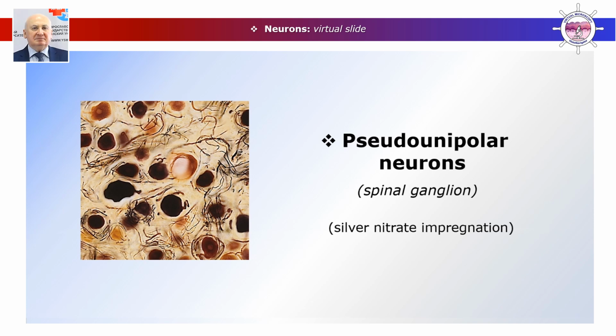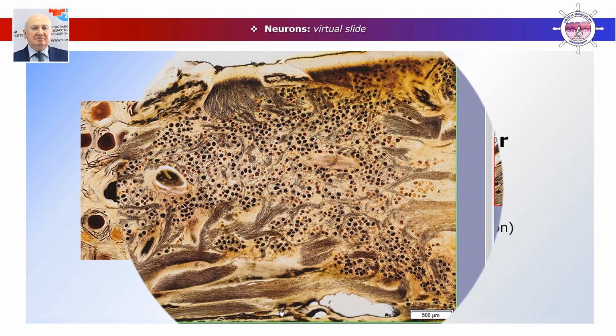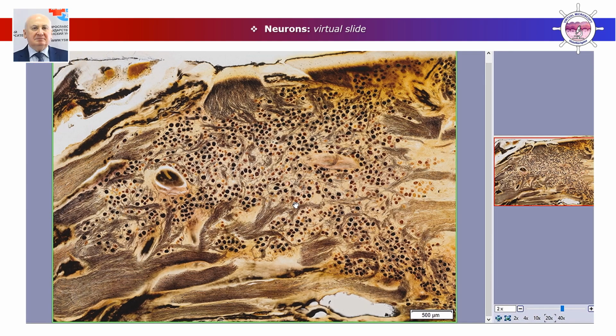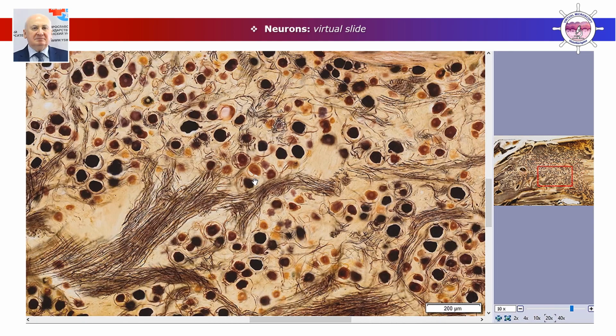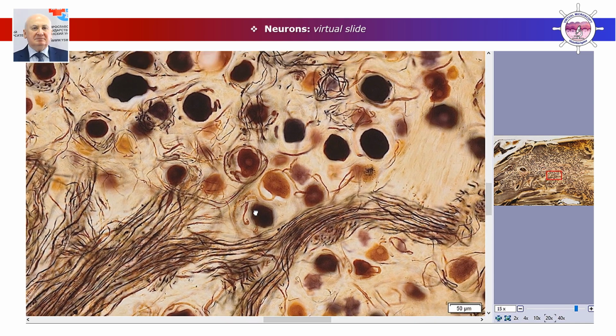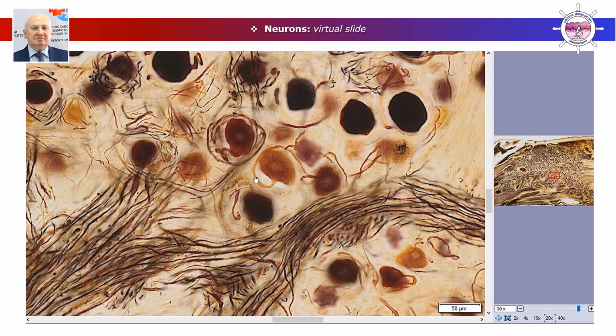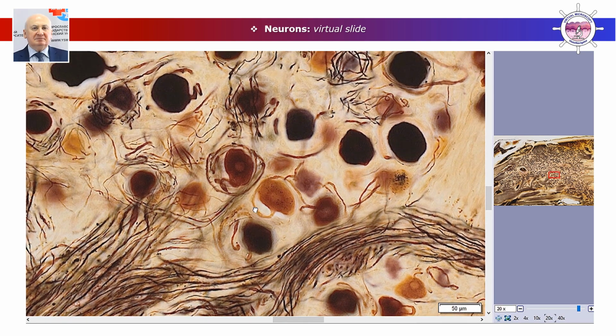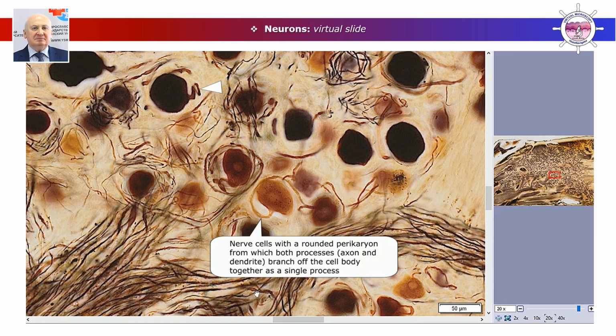Pseudounipolar neurons of the spinal ganglion. Nerve cells with a rounded perikaryon from which both processes, axon and dendrite, branch off the cell body together as a single process.